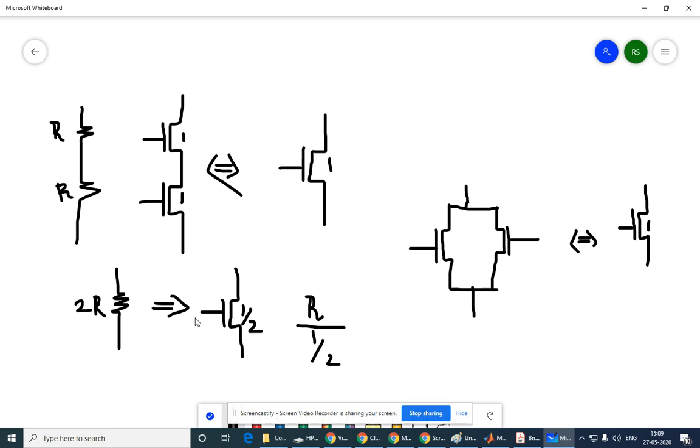And this is fine, but this and this, they are not matching, right? I have half here, but I want to get one single NMOS transistor whose W by L is 1, which means that all the things that we did starting with here are not correct.